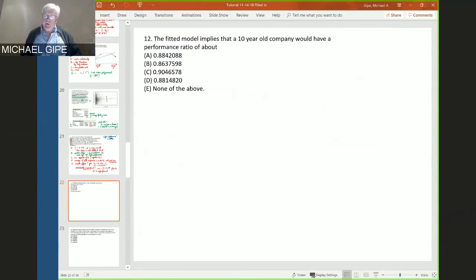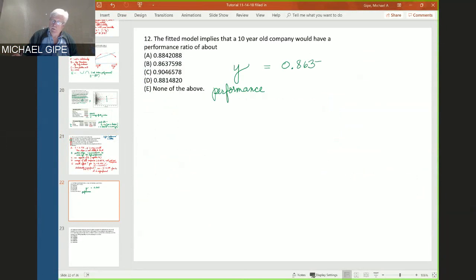Okay, we'll move on. The fitted model implies that a 10-year-old company would have a performance ratio of about what? Well, this one's easy. All we need to do is calculate what the model tells us. So Y, the performance measure of a company, equals, and remember we put the model together, 0.863, make sure I copy this down right, 7598 plus 0.0020449 times x.